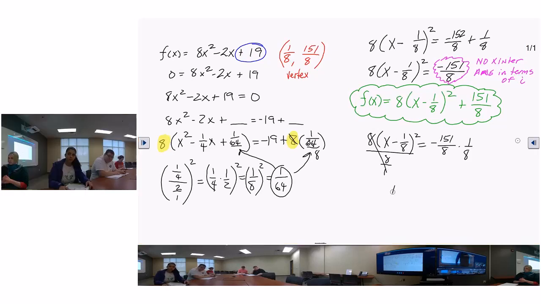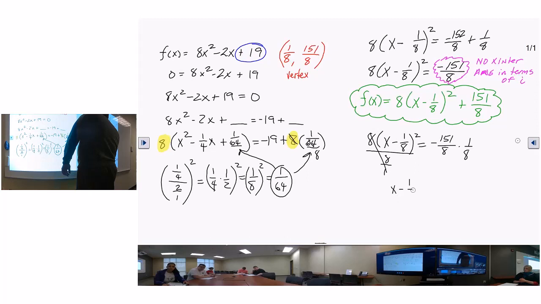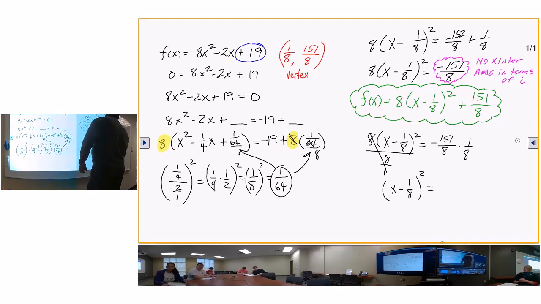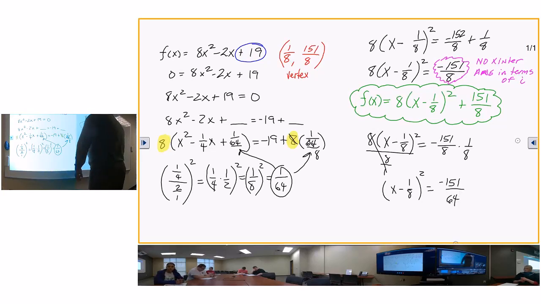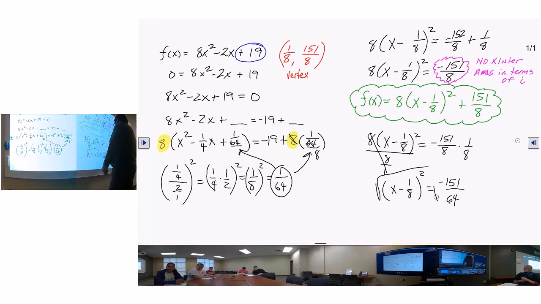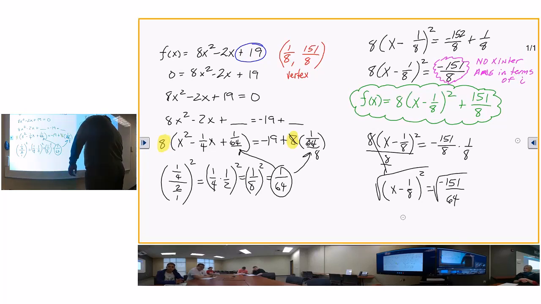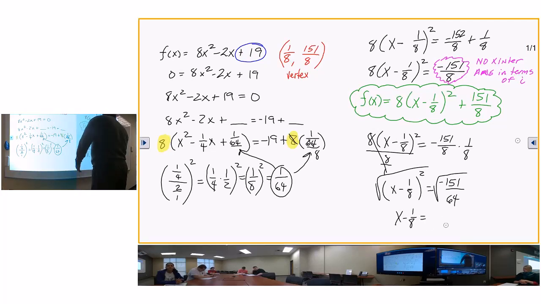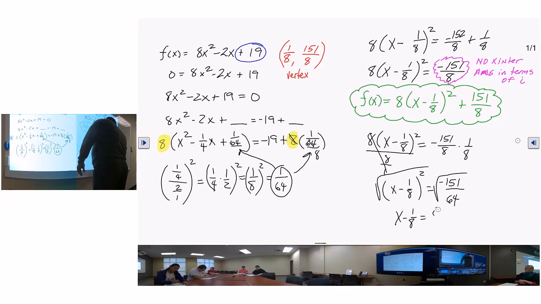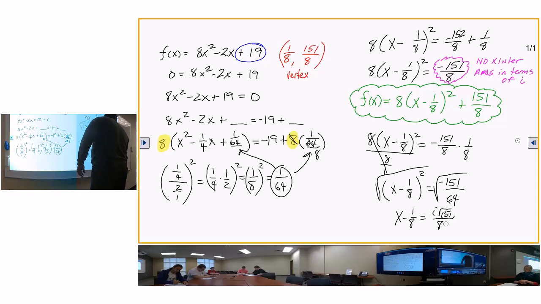So it would be x minus 1/8 quantity squared is equal to negative 151 over 64. Take the square root of both sides, and that's going to be x minus 1/8 is equal to the square root of negative 1, which is i, times the square root of 151 over 8.